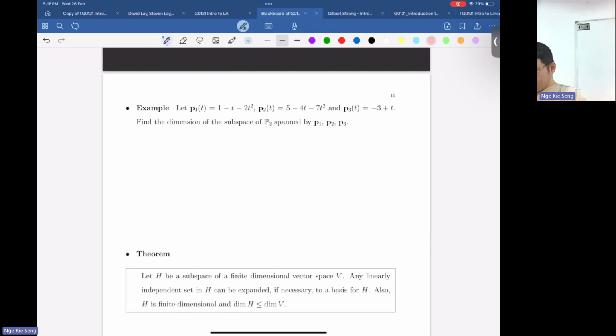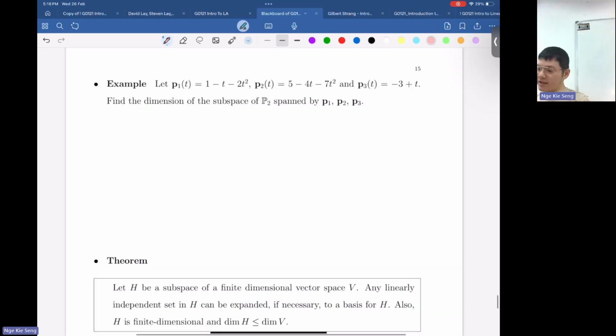Okay, so in this case here, we have three polynomials P1, P2, P3, and then we want to find the dimension that's spanned by this P1, P2, P3. From this statement, what can you infer?